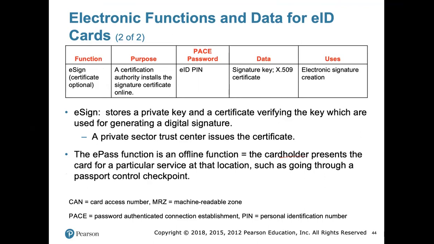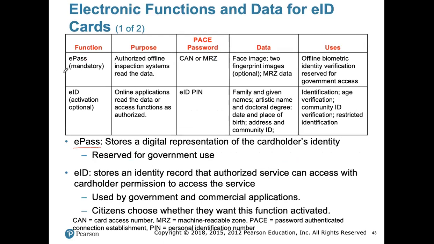For example, like a passport check. You want to check your passport at the airport checkpoint control. You just show your EID card, and that shows all of the information that the official person needs to see and assess, and that's it. So this is the ePass functionality, which is the basic functionality defined for this type of card.